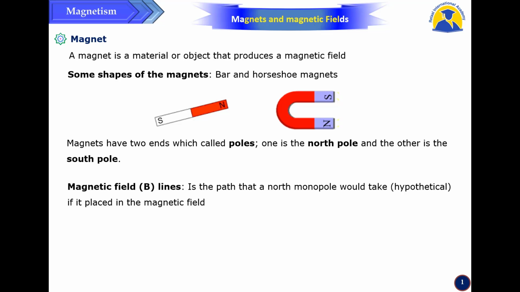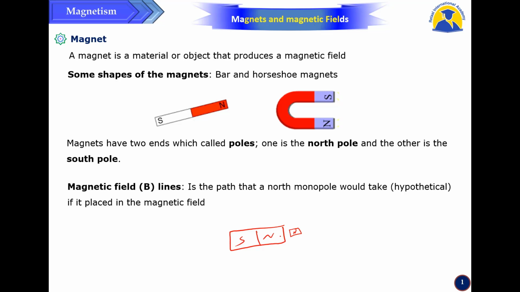Regarding the magnetic field lines, a field line is the path that a north monopole will take if it is placed in a magnetic field. For example, suppose we have a magnet here, this one north, this one south, and we have a north monopole, this one north.